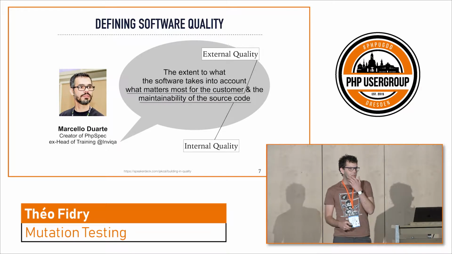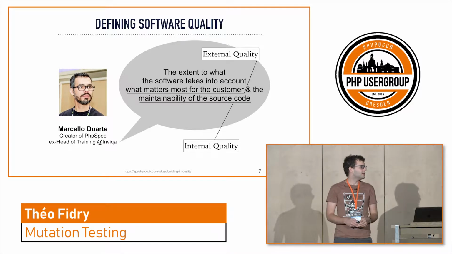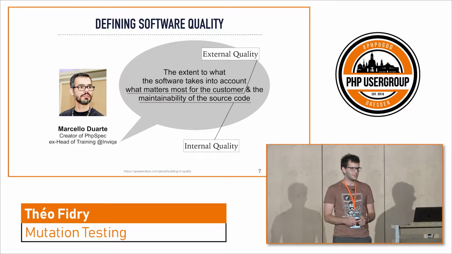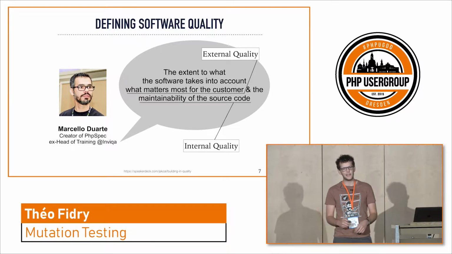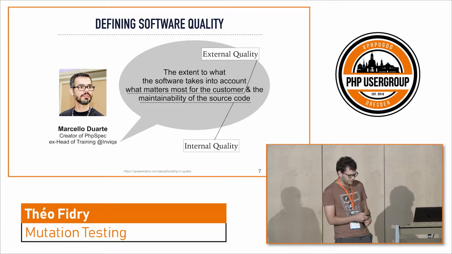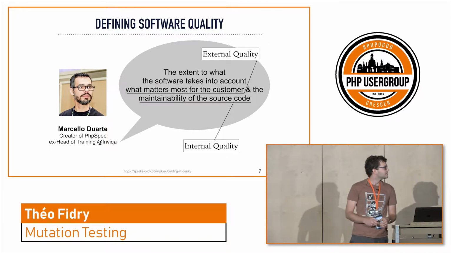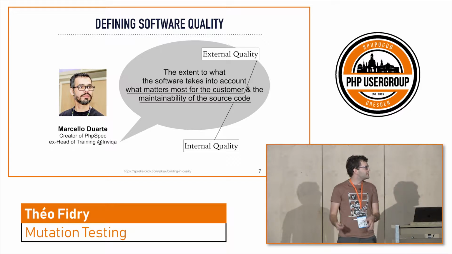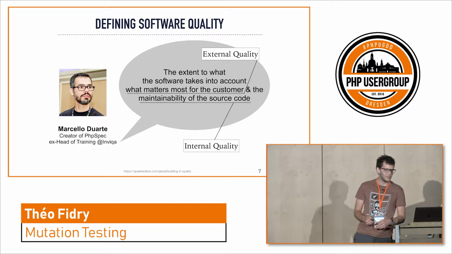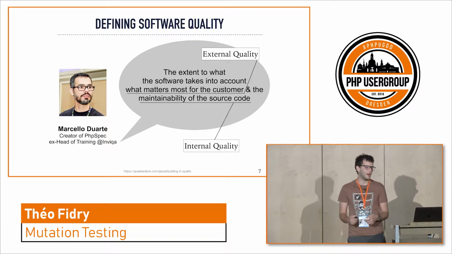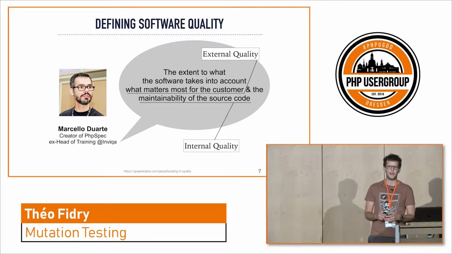According to Marcello Duarte, who's the creator of PhpSpec, which, if you don't know, is a testing, or rather specification, tool, he defines software quality as the extent to which software takes into account what matters most for the customer and the maintainability of the source code.